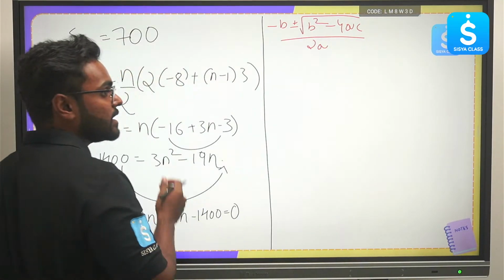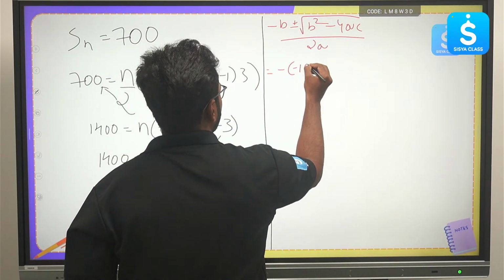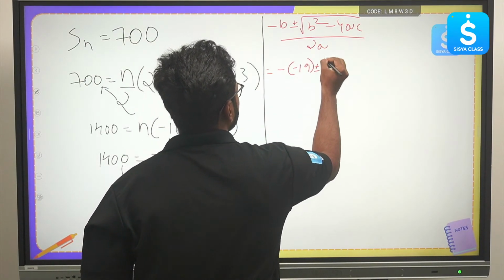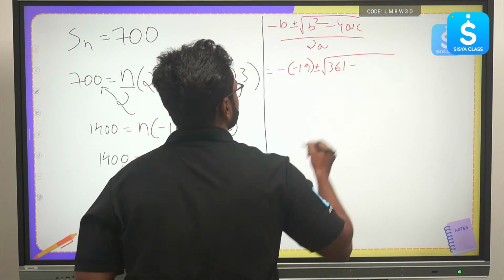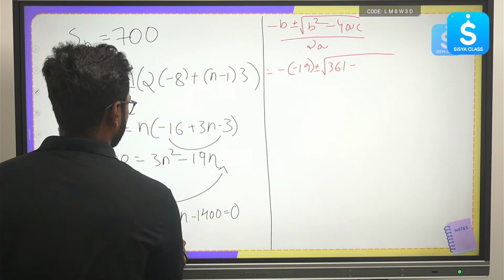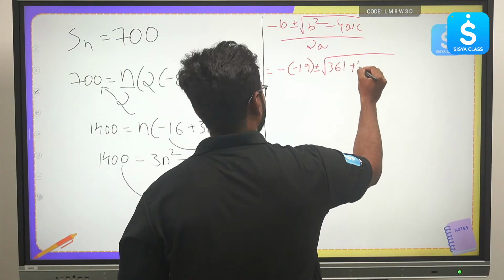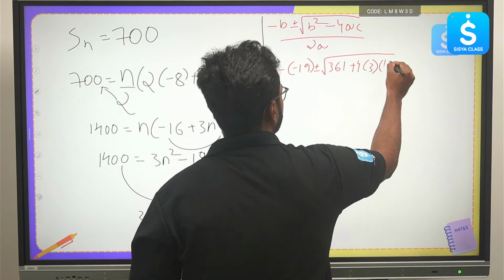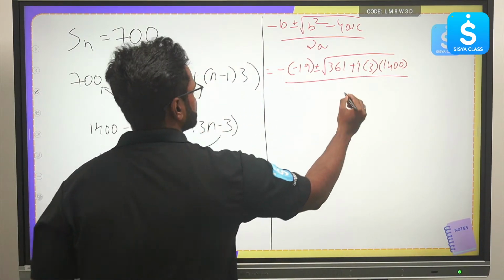Right? Let us try finding this. This should be minus of minus 19 plus or minus root over b square. 19 square is 361 minus of minus 4ac. Minus into minus is plus. This should be plus 4 into 3 into 1400. Right? By 2 into 3, 6.